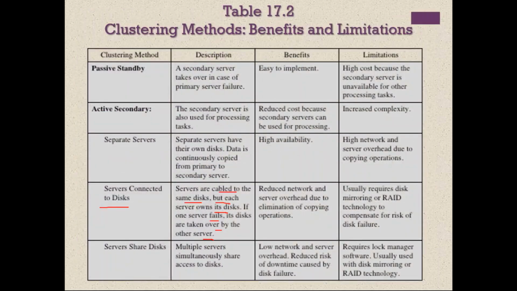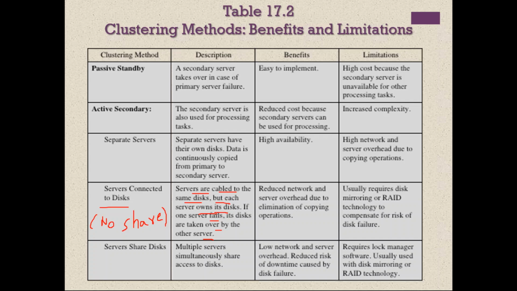So this technique is called no share. It is only connected, but there is no sharing. You should understand these terms clearly. Both servers are cabled to the same disk. Cable means they are just connected, but not sharing anything. Each server will also have its own disks.